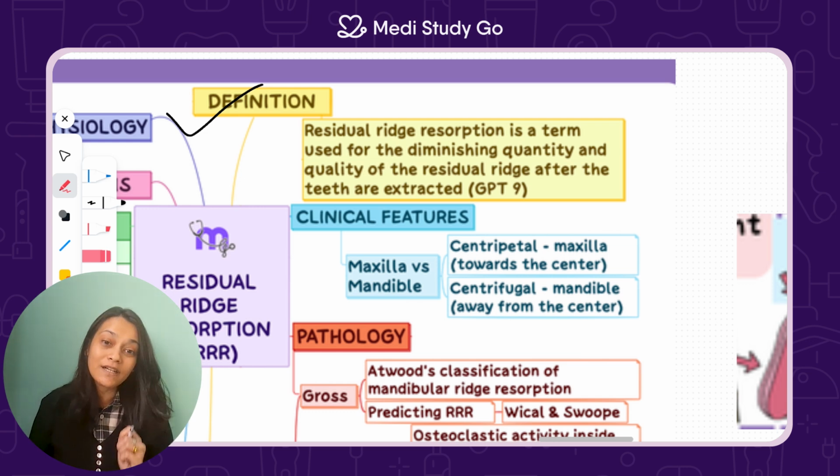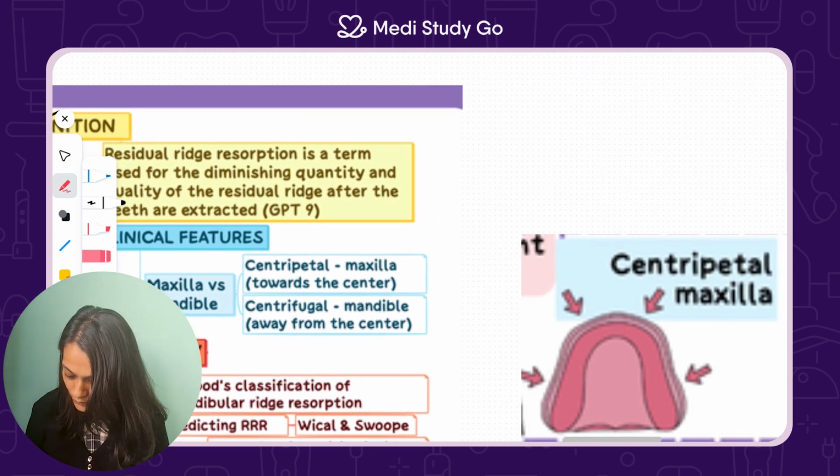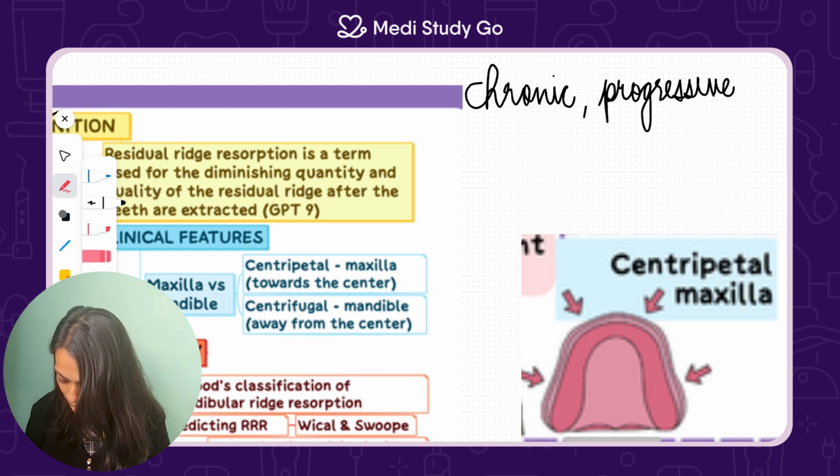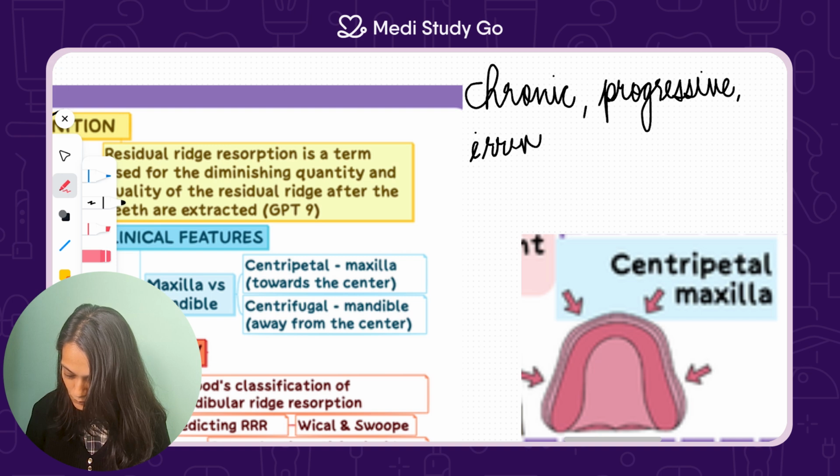There are these four terms that you can remember, which is chronic, progressive, irreversible, and multifactorial.